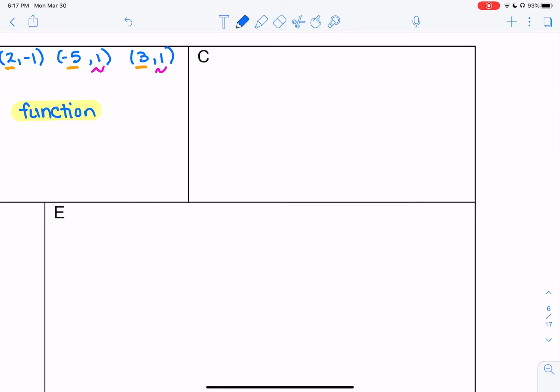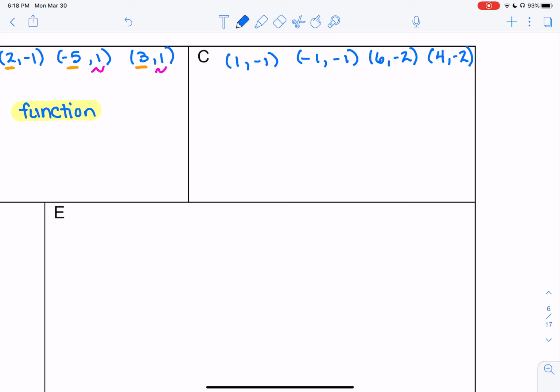Question C, ordered pairs are (1, -1), (-1, -1), (6, -2), and (4, -2). And I'm going to show you one more mapping system just so you have a choice of different ways you can present this and figure out your answer.